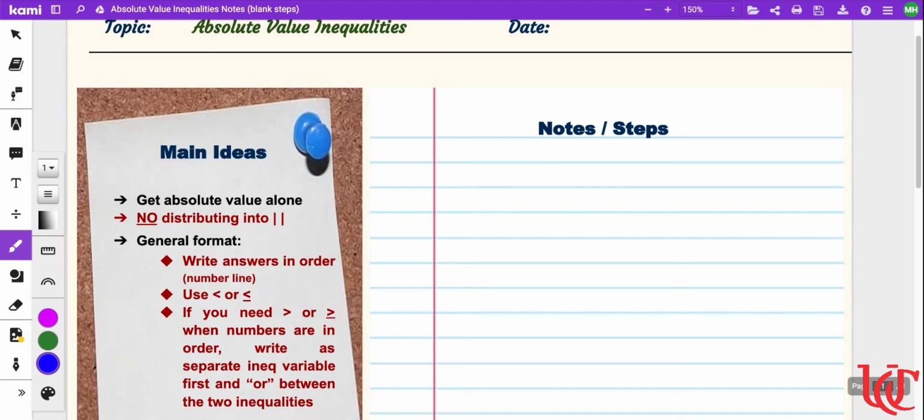All right, so for absolute value inequalities, what you're going to do is the same as equations. So solve. There's only a couple different rules.